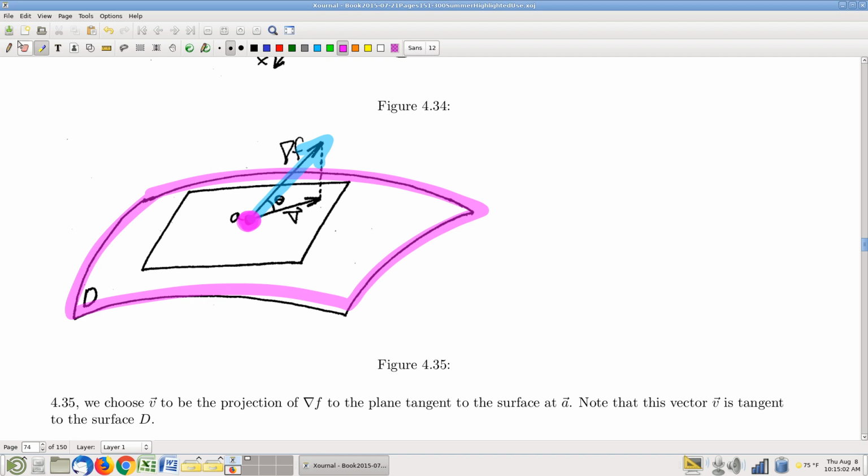Now look, in the previous section, our response to this was, okay, just go in the direction of the gradient. The function's increasing, end of story. And here's why this new question, the boundary question, the constrained question is harder. I'm not allowed to go in that direction. I'm stuck on this purple set.